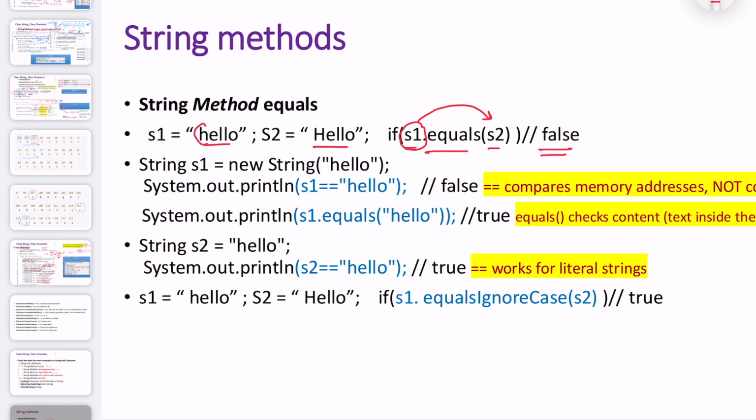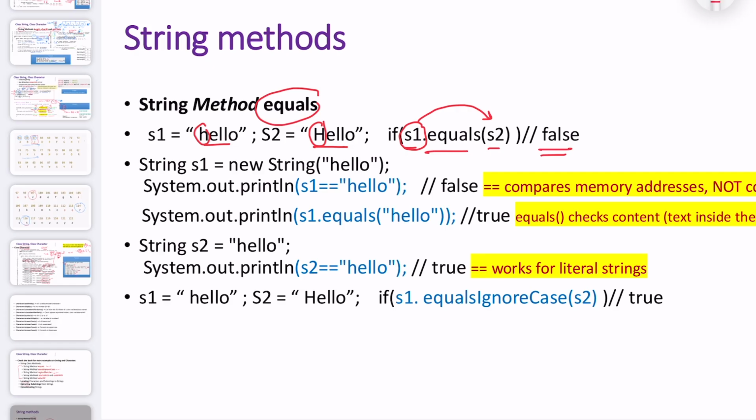Because this is a small letter and this is a capital letter. So we're comparing the content of these two strings, and they are not equal. But equals is different from compareTo. The output here is true or false when you're using this.